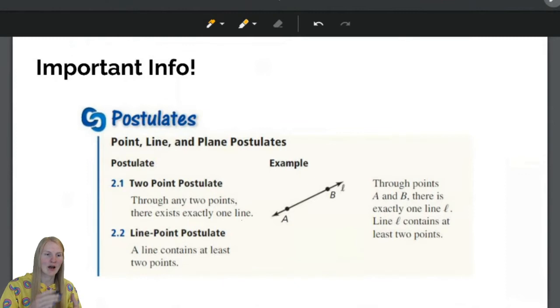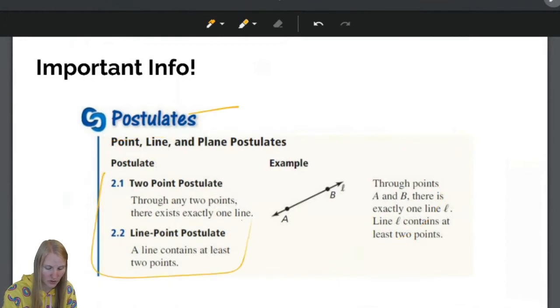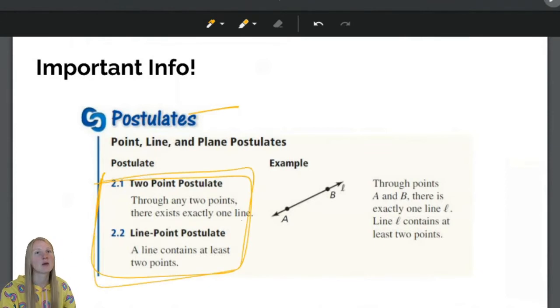I have to write it down and revisit it again and again before I understand. So if you're like me and you take a little bit of time to understand things, please write these postulates down. If you want the example, you can, but the postulates are what I'd encourage you to write down. But if you're just like, no, these absolutely make 100% sense, I'm not going to write them down, it's up to you.